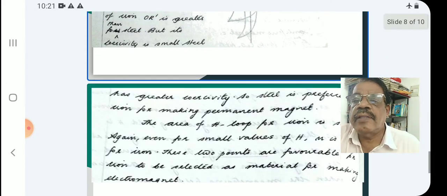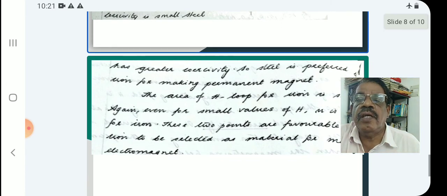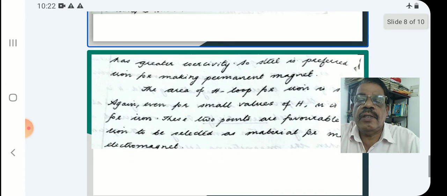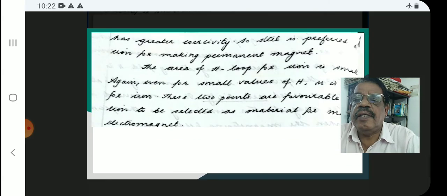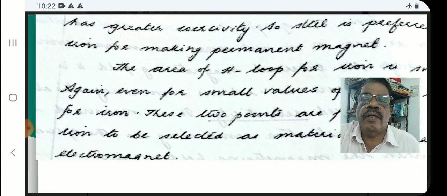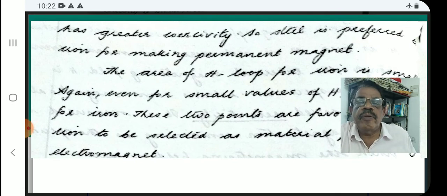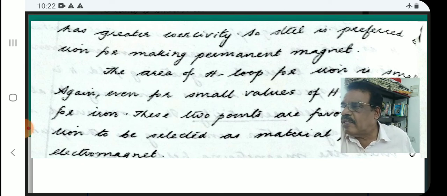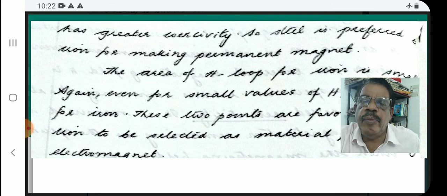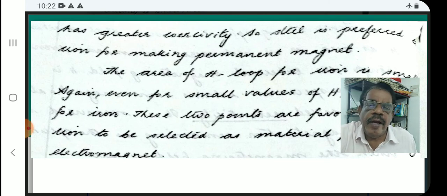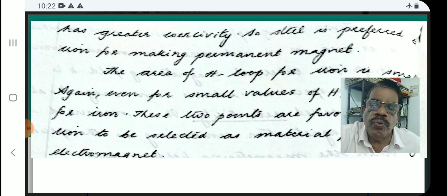Steel has greater coercivity. So steel is preferred to iron for making permanent magnets. Materials with greater coercivity are used to make permanent magnets, so steel with higher coercivity is used.